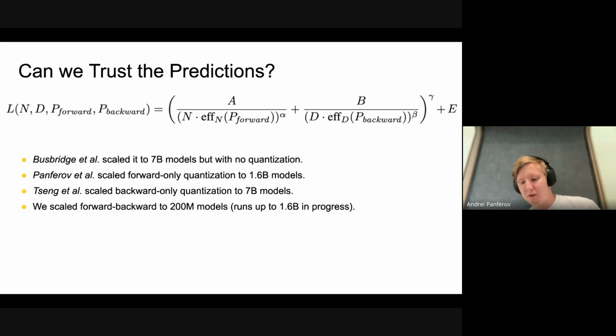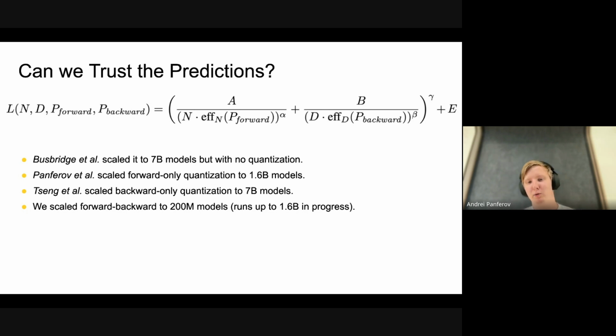And for this specific scaling law, we have a few arguments why we believe that it's representative of model performance across larger model sizes that we didn't explicitly test, because the same form was proposed to model large language models' performance, always without quantization, and was tested up to 7 billion parameter models by Busbridge and co-authors, who also proposed this general form with the alpha, beta, and gamma coefficients.